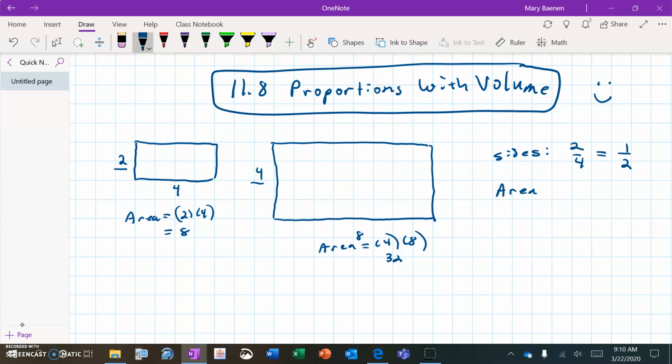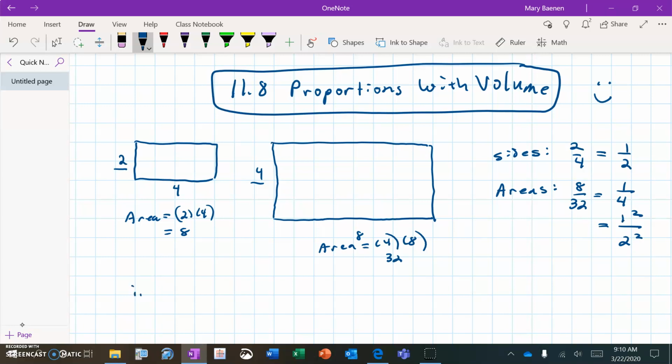If I look at the areas and put them in a ratio, 8 over 32, that reduces. I can divide the top by 8 and get a 1, divide the bottom by 8 and get a 4, and that is 2 squared on the bottom, and 1 is 1 squared.